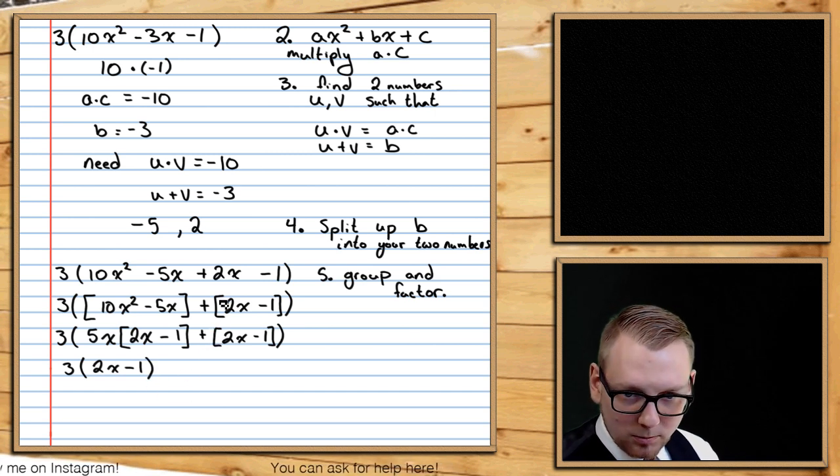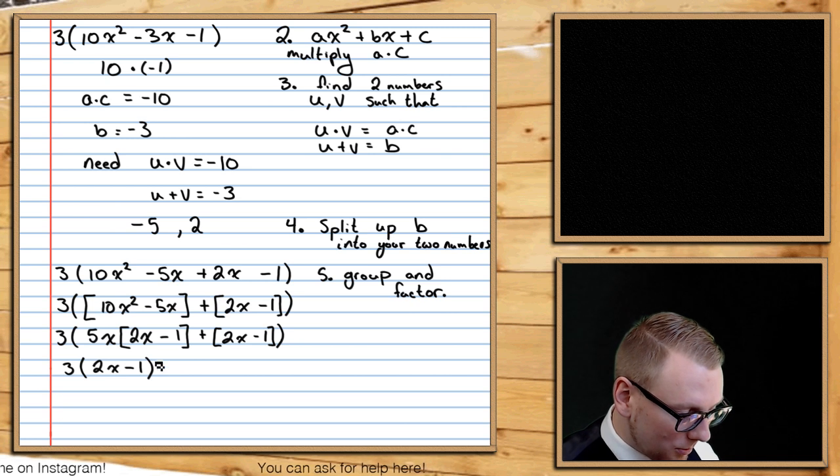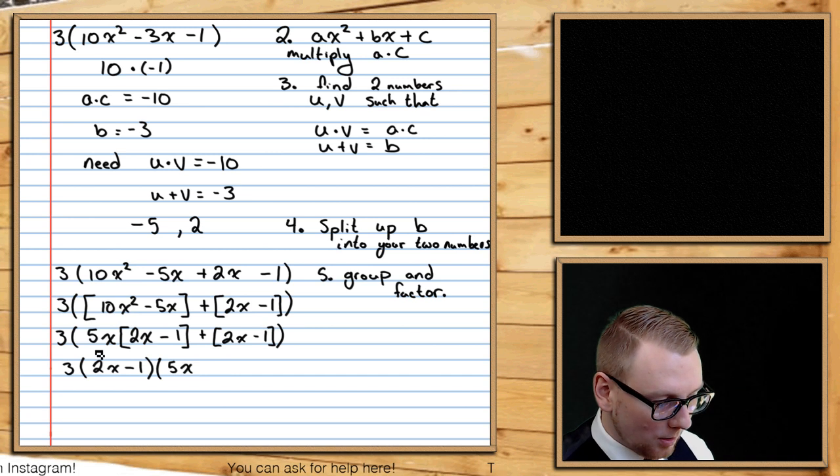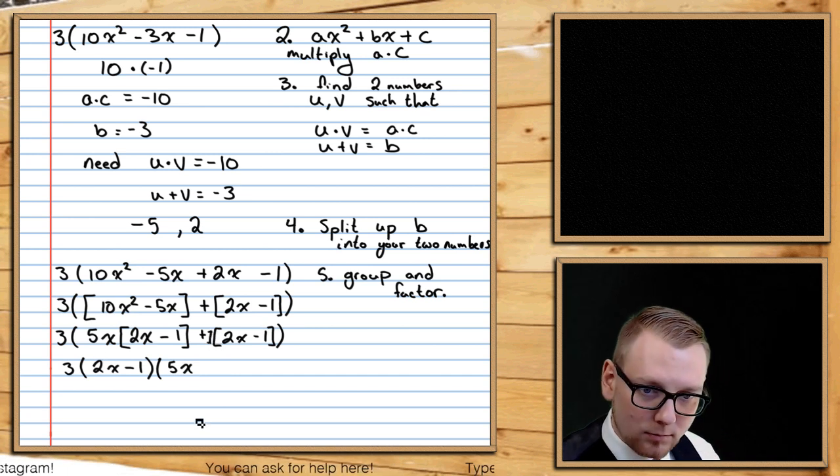Remember, whenever you multiply back through, you need to get what you started with. So you had that 5x, but there's a 1 here that's not written.